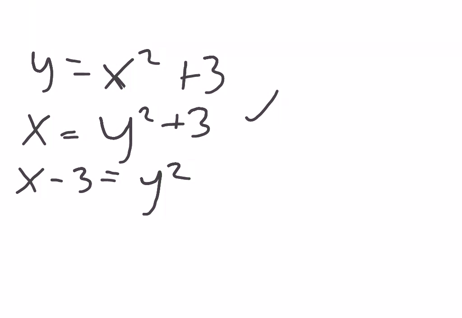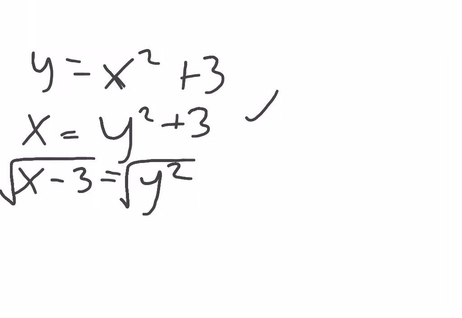Okay. Now, how do I get rid of something that's squared? I have to take the corresponding root. So since this is being raised to the second power, it's y squared, I have to take the square root of both sides. When I take the square root of something, it is always plus or minus.